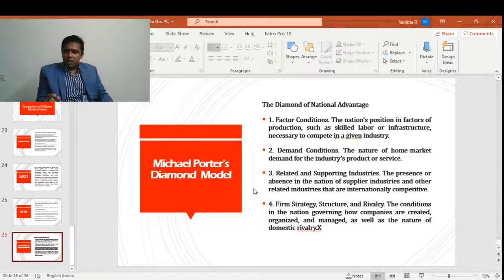So he says very important here is the rivalry. You should have a rivalry. Germany, the car making companies, they have a hell of a lot of competition between them. They compete there, and when they come to the international market, it is easy for them because they have done all the homework.